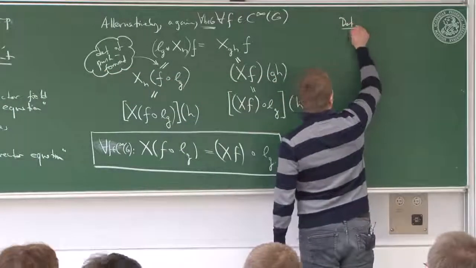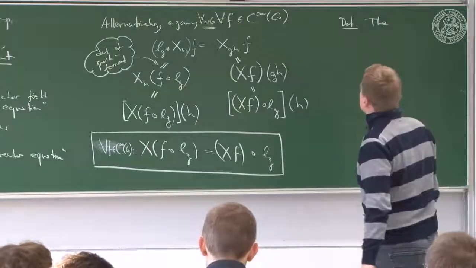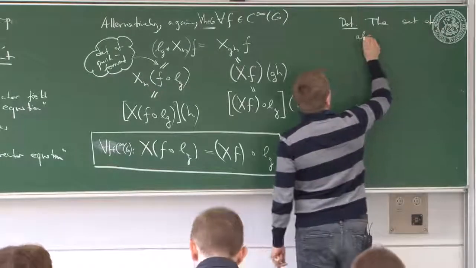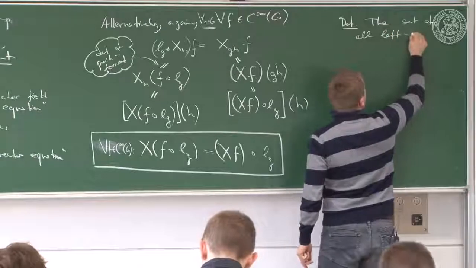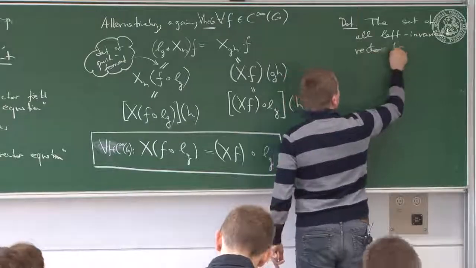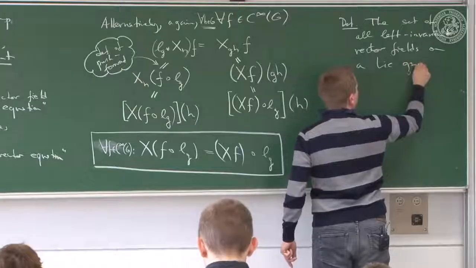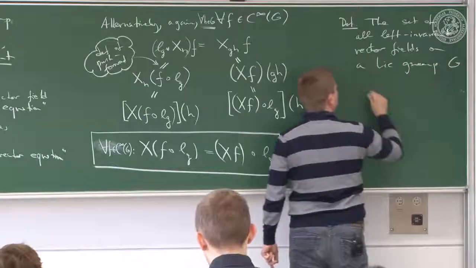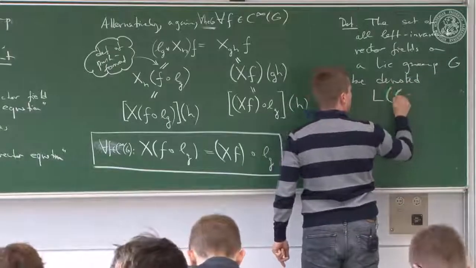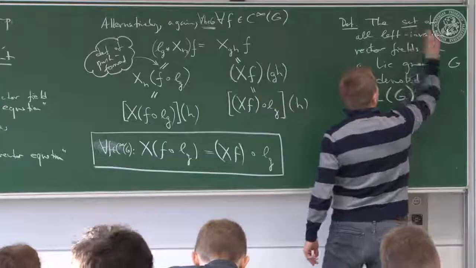So, definition: the set of all left invariant vector fields on a Lie group G be denoted L of G. And so far, it's only a set.